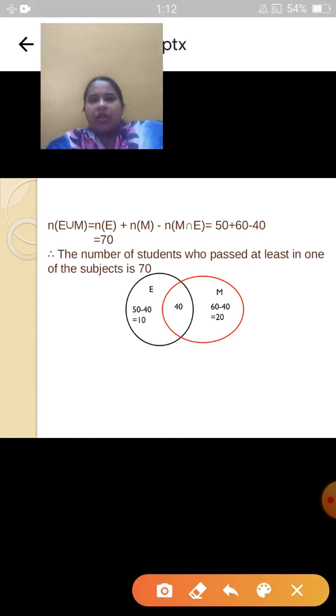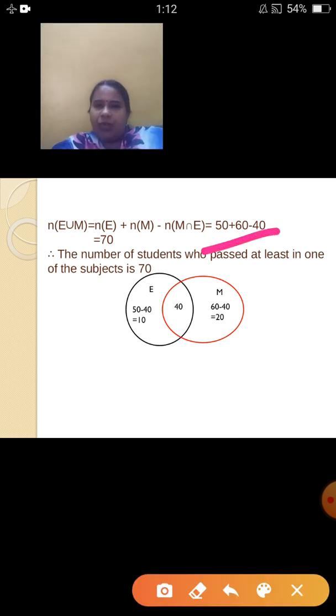Substituting the values, we get 50 plus 60 minus 40. 50 plus 60 is 110, minus 40. That is 70. So we don't have to do anything with the universal set here. We have to directly find out the union, because the word was at least in one of the subjects. At least means either in English or in maths. And when it is or, it is always union.